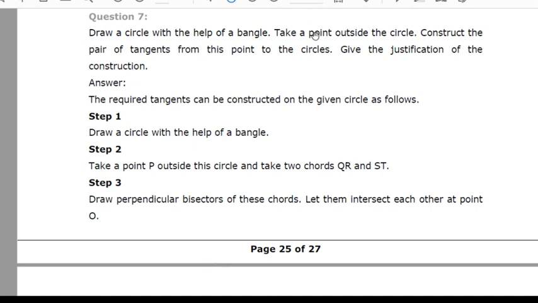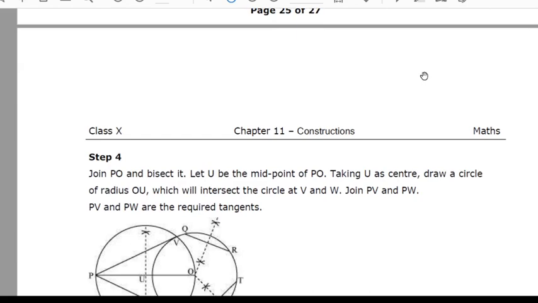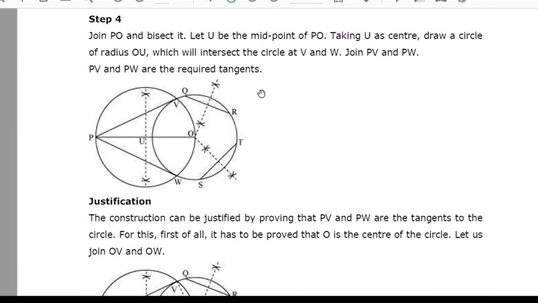Whenever you draw a circle with the help of a bangle, you don't know where the center of the circle is. This is a problem for you. So what you will do, you draw two chords in that circle and bisect them. See, this is our circle, we have drawn two chords and bisected them, then we will get the center.